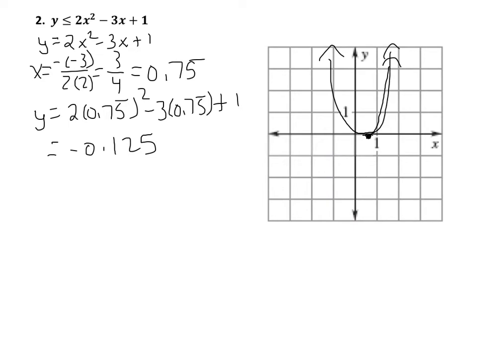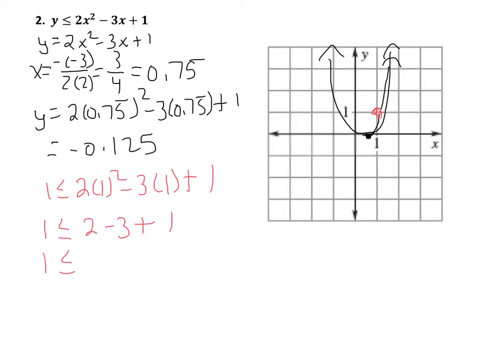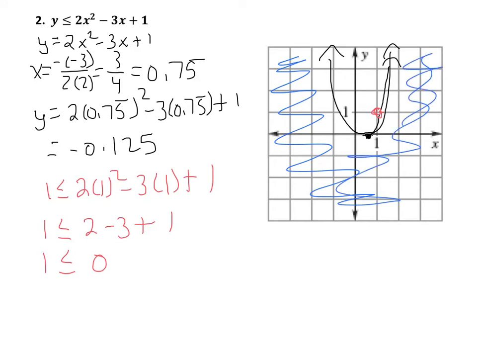So I would pick the point 1, 1, plug it in. 1 is less than or equal to 2 times 1 squared minus 3 times 1 plus 1. 1 is less than or equal to 2 minus 3 plus 1. 1 is less than or equal to 0. Is that true? No, it's false, so that means you have to shade the outside. Okay?